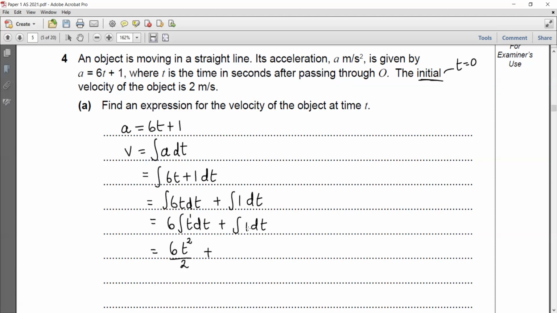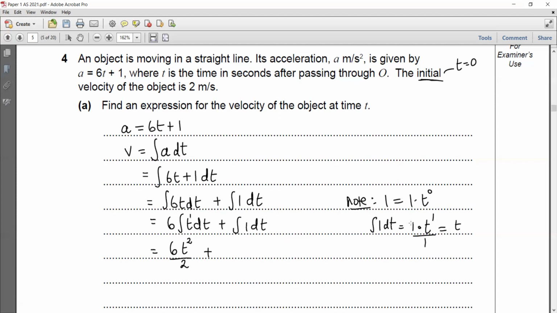Here, this 1 is the same as 1 multiplied by t to the power of 0. Take note that 1 is equal to 1 multiplied by t to the power of 0. If we integrate it the same way, where at the top you add 1, and then you divide by that number, the integral of 1 dt is 1 times t to the power of 0 plus 1, which is 1, and then you divide by 1, and you just get t.